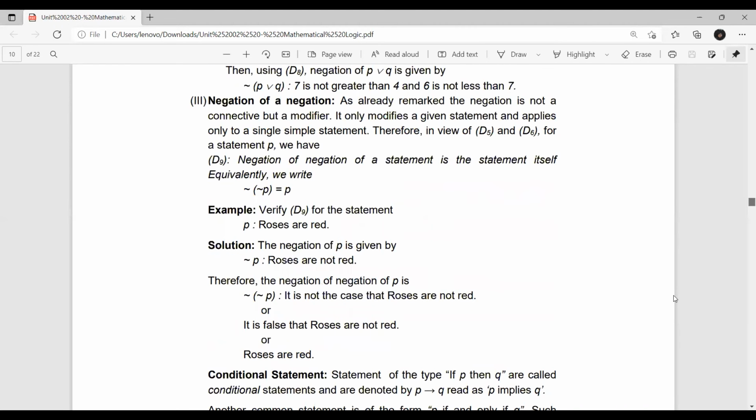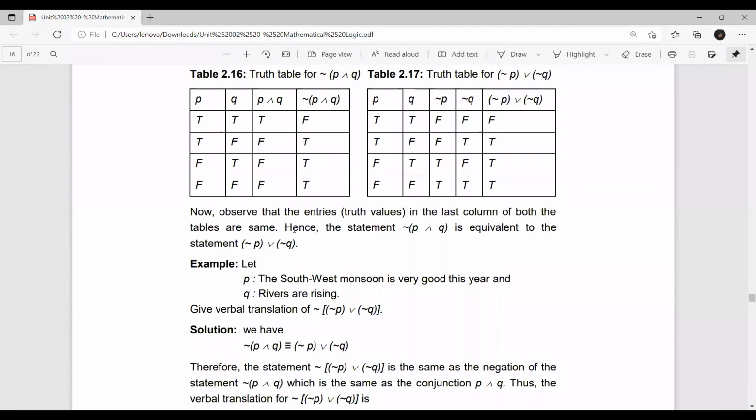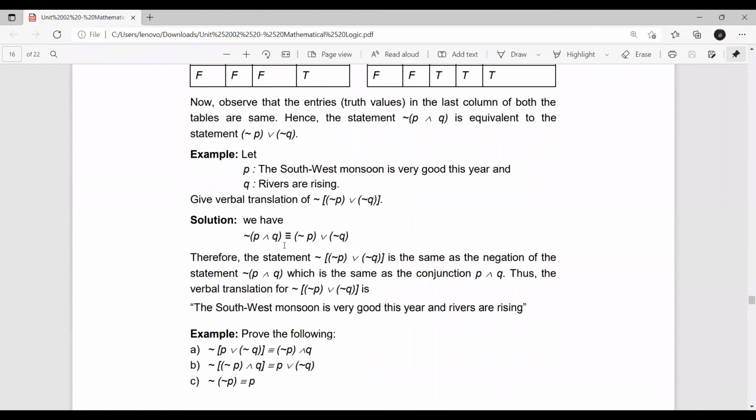I can't find the sign here. Yes, here. This is the sign for logically equivalent, and we discussed this sign yesterday in De Morgan's law.